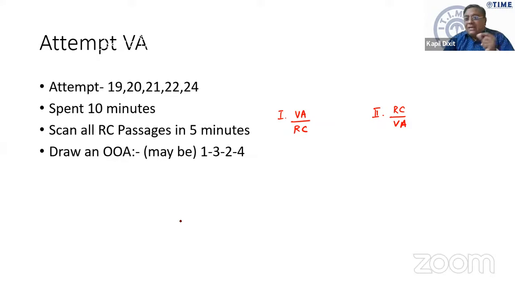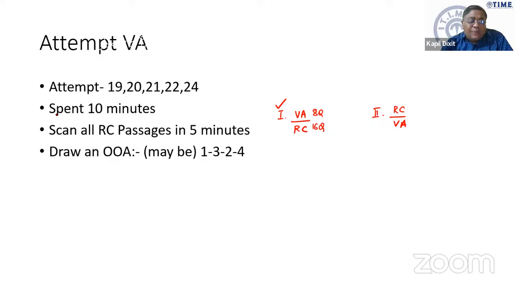But it is my personal opinion that this school of thought looks a little better if you look at attempting and analyzing post-test also. Why? Because in verbal ability, you typically get 8 questions, and here you have 16 questions.